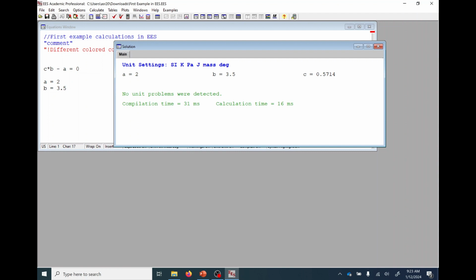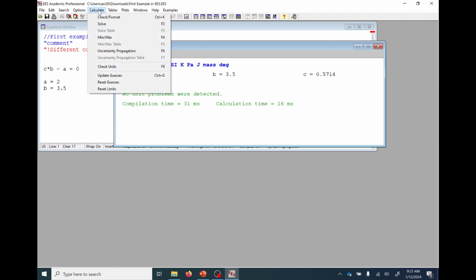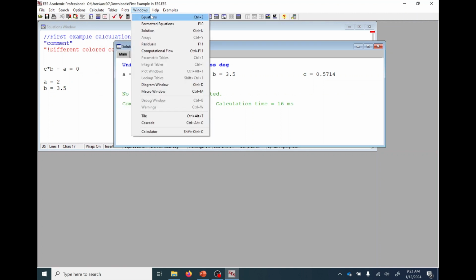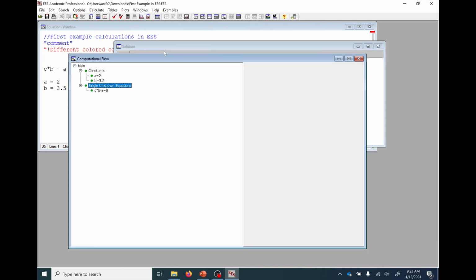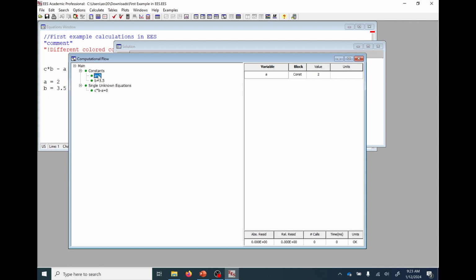And you can see what this looks like under the hood if you're curious. If I go to Windows and look at the computational flow window, first of all, EES is calculating and storing all the constants for the program.